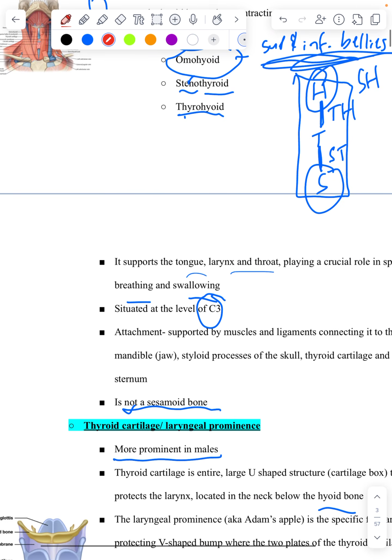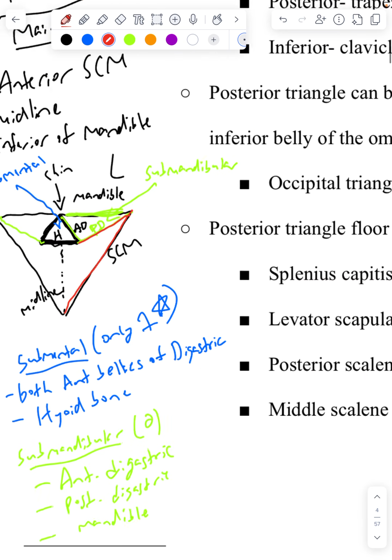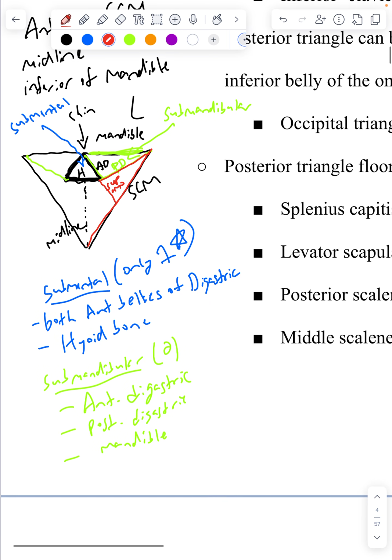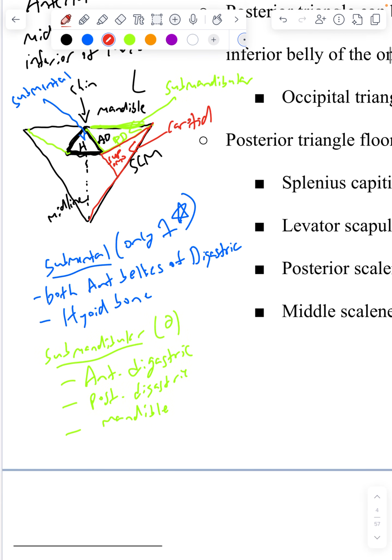So for this red triangle, this is our carotid triangle.